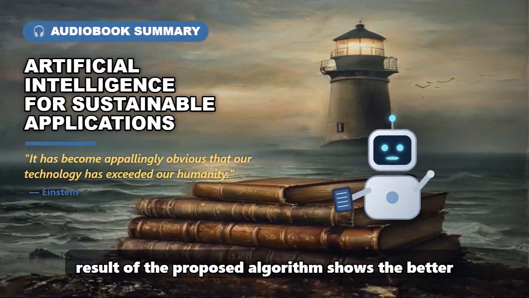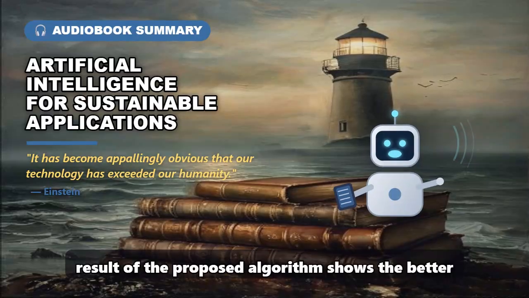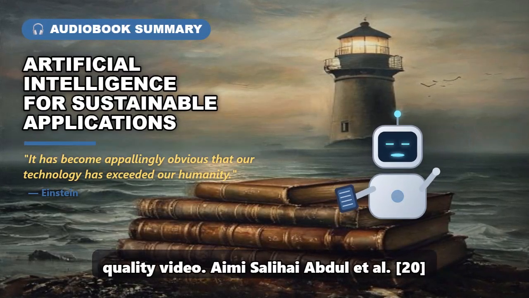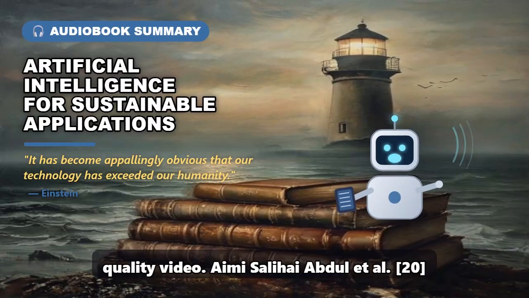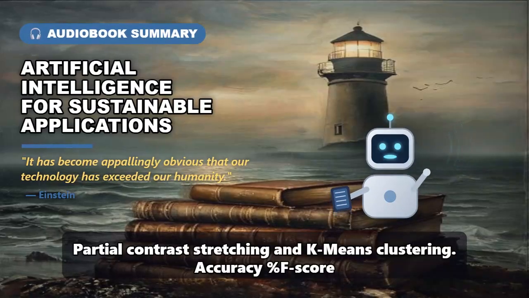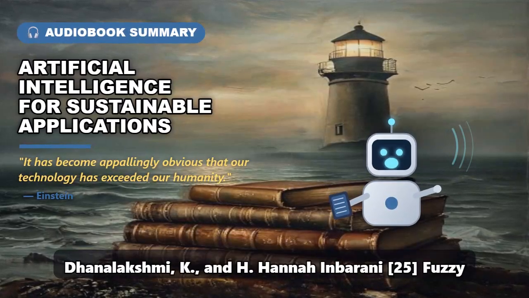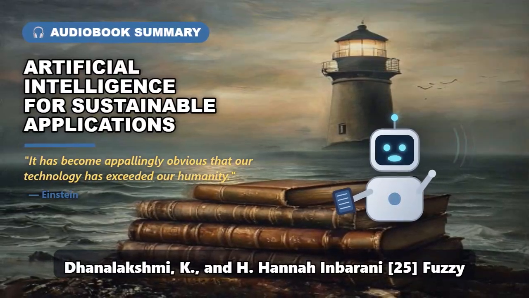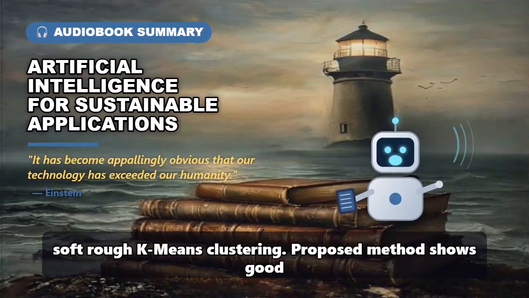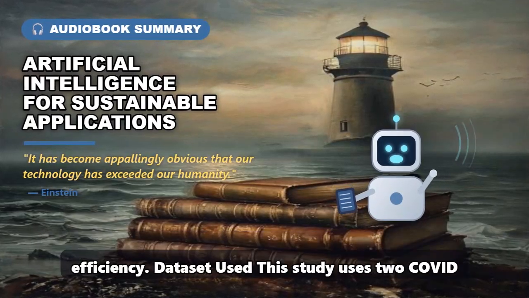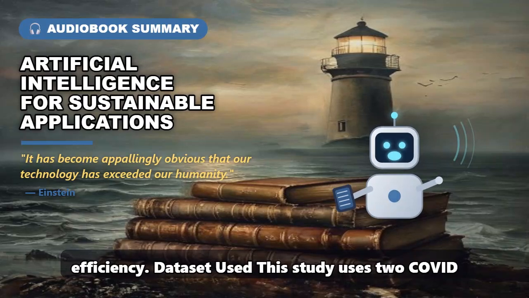Amy Salihai Abdul et al., 20. Partial contrast stretching and K-means clustering. Accuracy, F-score. Dhanalakshmi K. and Hannah Inbarani, 25. Fuzzy soft rough K-means clustering. The proposed method shows good efficiency. Dataset used: this study uses 2 COVID images and the associated ground truth images for evaluation.